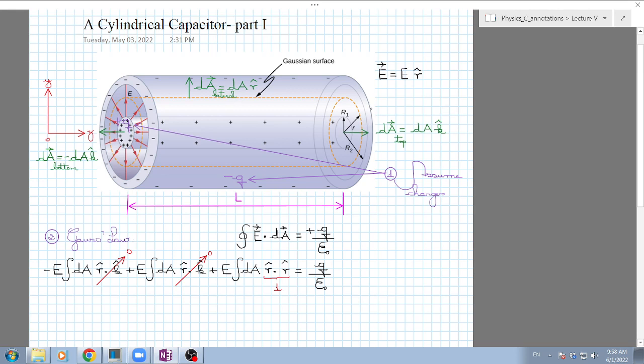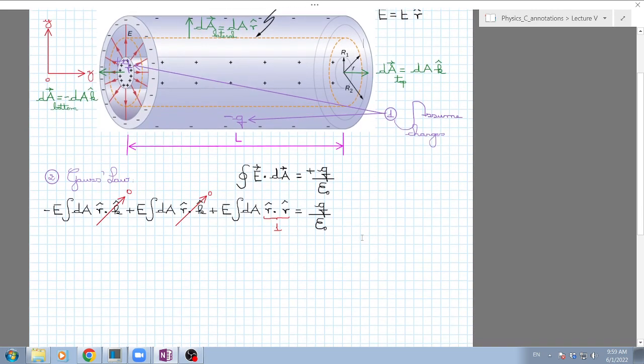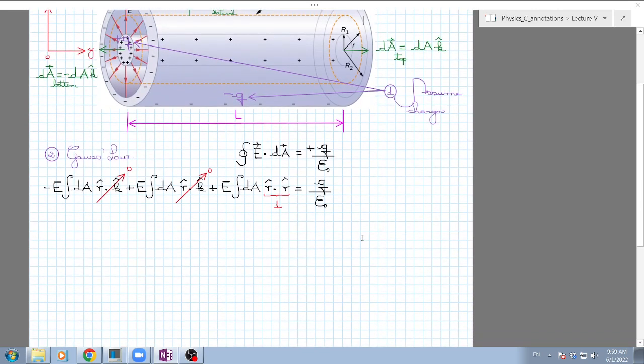I'm representing the area vectors in green here. For this cylindrical symmetry, the electric field is going to be radial. You know this from when you solved the problems in Gauss's law. I'm not going to make much effort to explain it again. Okay, so this is the first one.